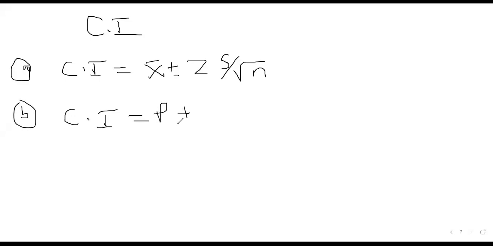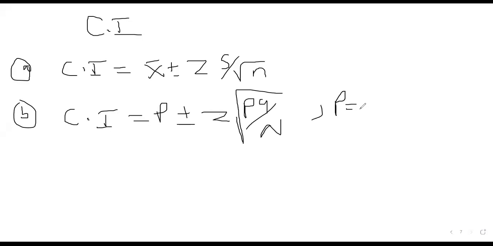Proportion plus minus z square root of pq over n. In this case, square root everything. So we are not given the proportion. It's a small sample over a big sample.